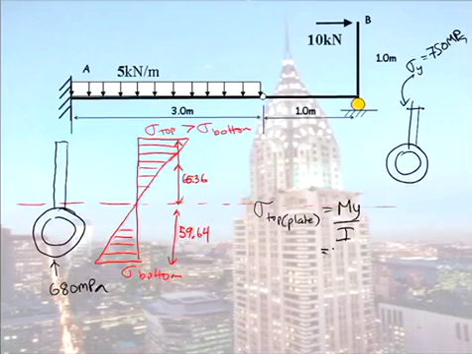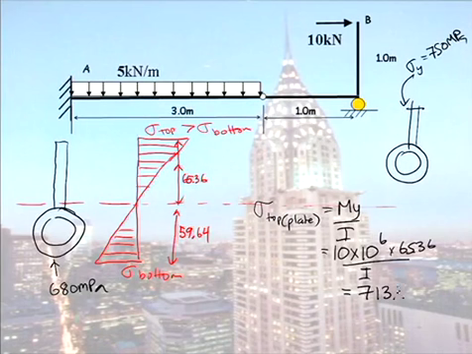So that would give me, I'm going to work in megapascals, so convert kilonewton metres to newton millimetres, times my 65, divided by the I value I worked out previously. And my stress is actually less than my yield stress. So therefore, I'm okay in the plate.